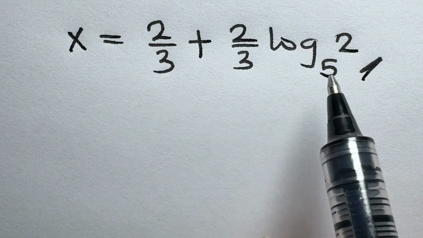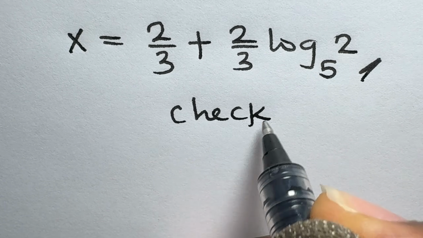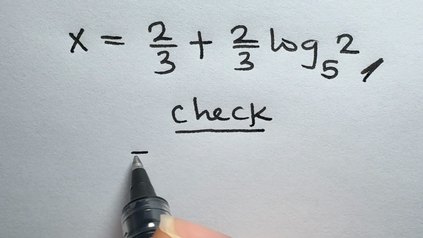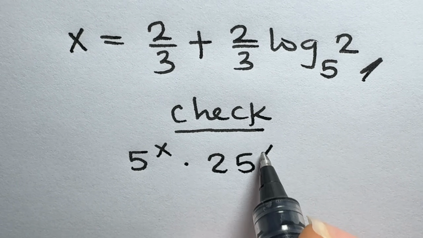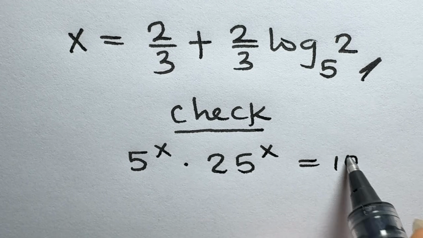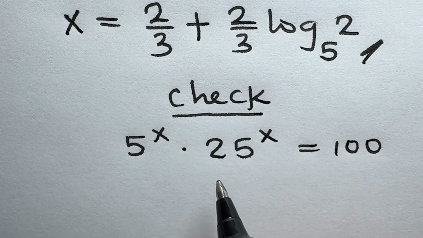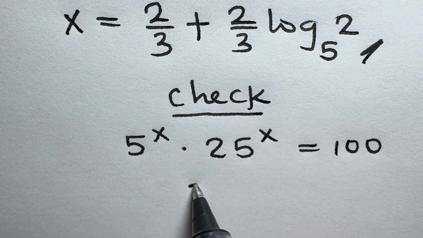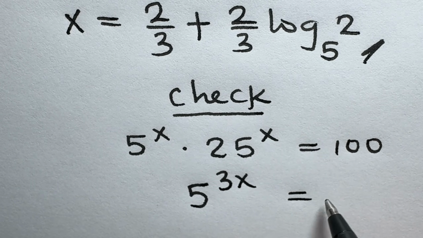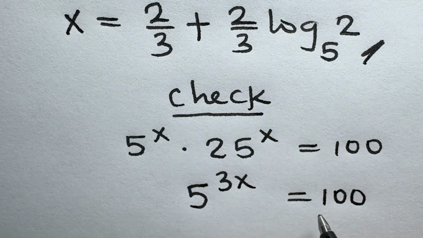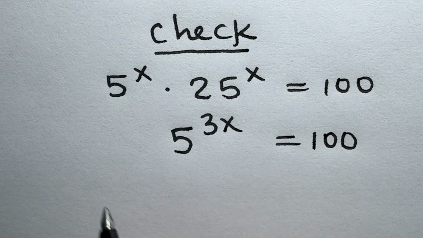Now we got x is this. Let us check to confirm that this is correct. The problem given was 5 raised to power x times 25 raised to power x is equal to 100. We're going to substitute this in place of x, but before then we already simplified this to 5 raised to power 3x is equal to 100. Not much has been done, so we can still use this to save time.